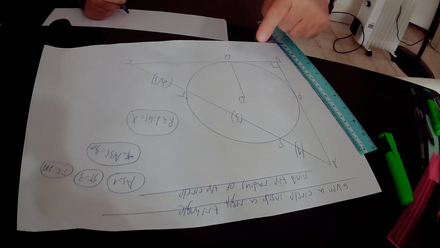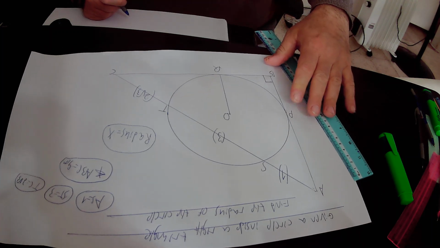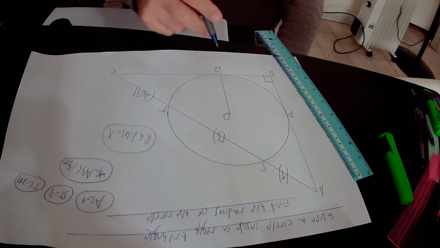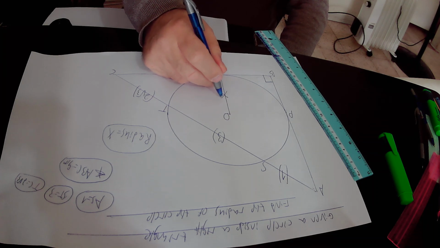Line segment OQ starts from point O, that is the center of this circle, and ends at point Q, that is the point on the circle itself. So this is exactly the definition of a radius. Therefore, OQ, the radius of this circle, is equal to X according to our definition.